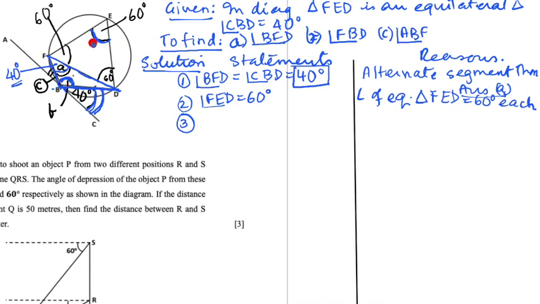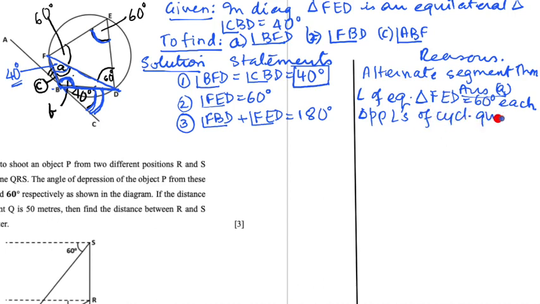They are opposite angles of a cyclic quadrilateral. So we will say that angle FBD plus angle FED equals 180 degrees. And this is because opposite angles of a cyclic quadrilateral are supplementary.